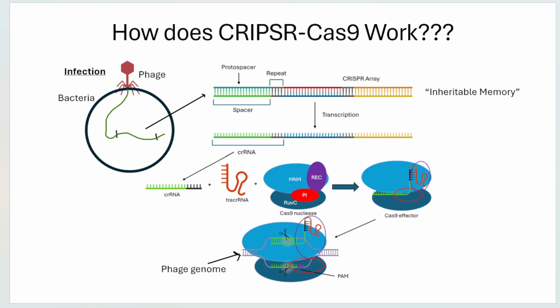Then it will attach to the Cas9 nuclease to make the Cas9 effector. So there it is, Cas9 effector. This Cas9 effector can now go and attack the phage genome by cleaving the phage genome into 2. That's essentially all it does. It just breaks the phage genome, and it's dead.